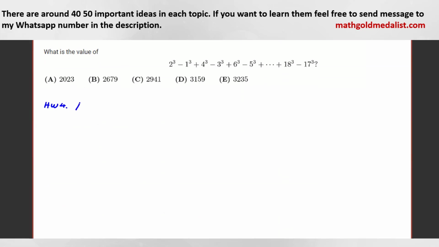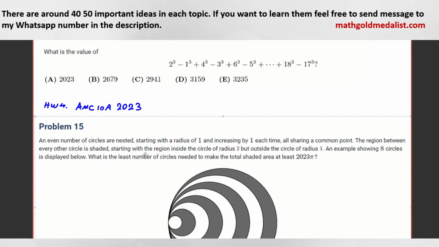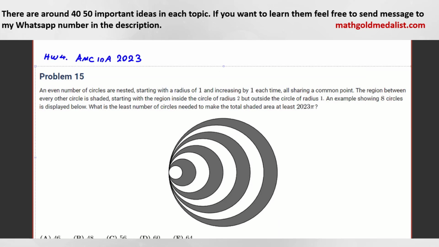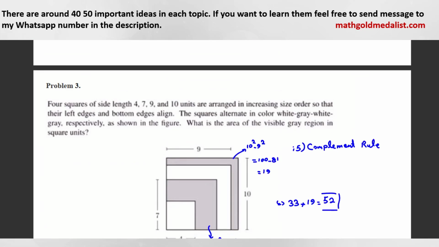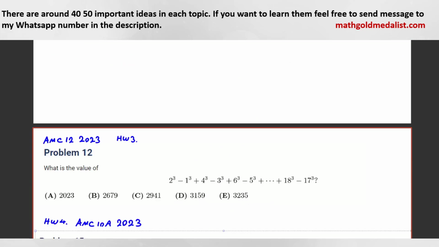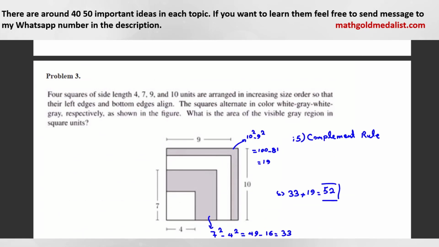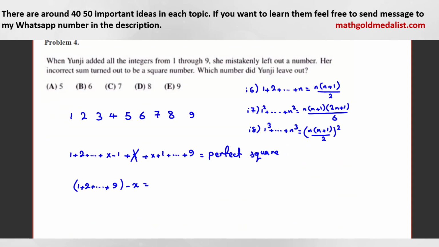It is for AMC 10A, 2023. Let me tell you exact problem. 2023 is this one. You can try this one. It is exactly similar to this problem 3, but here we have circles. Here we have squares.